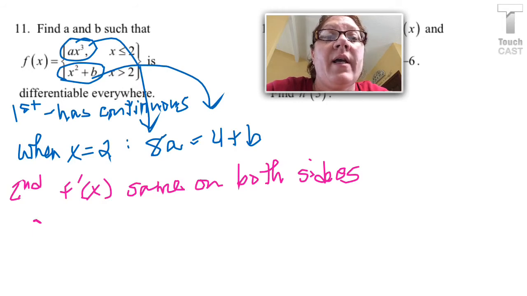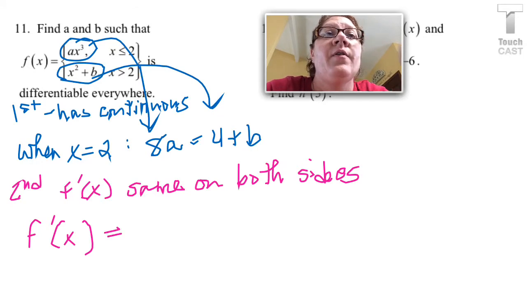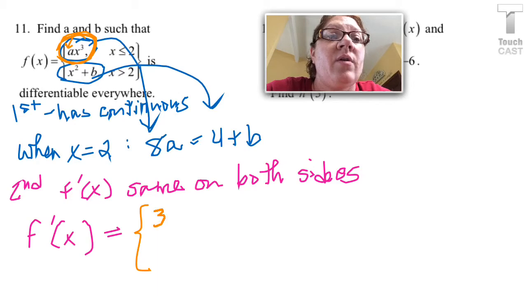So I'm going to look at the derivatives first, figure out what they are. So the derivative for the first one, well, let's see, I would power down, cause me to do 3 times a, because a is a constant, so I'd have 3a, and then lower the exponent, and that's when x is less than or equal to 2.